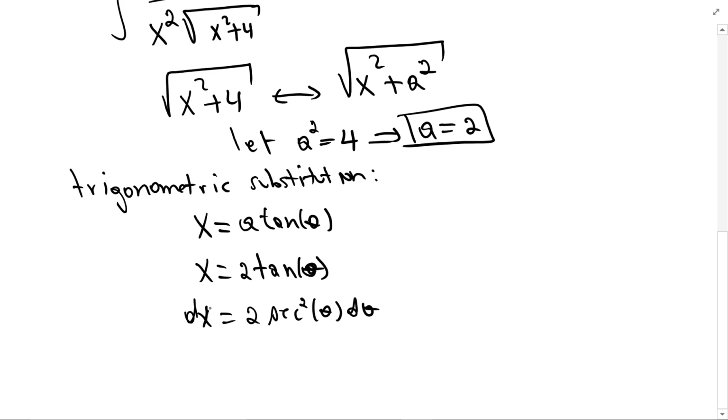If you build your right triangle, tangent theta equals x over 2.